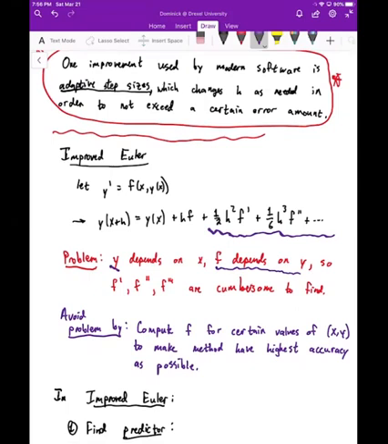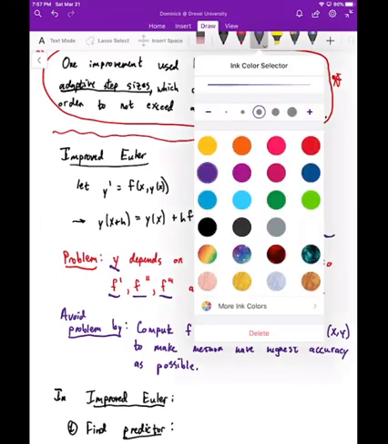So f is going to take a little bit of work to find, and of course that means that f prime, f double prime, f triple prime, and so forth are going to take quite a bit of effort to find. So we're not going to find them specifically.